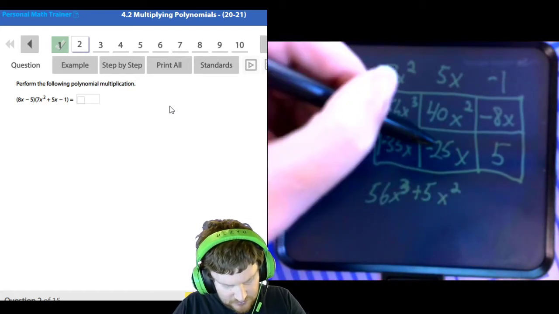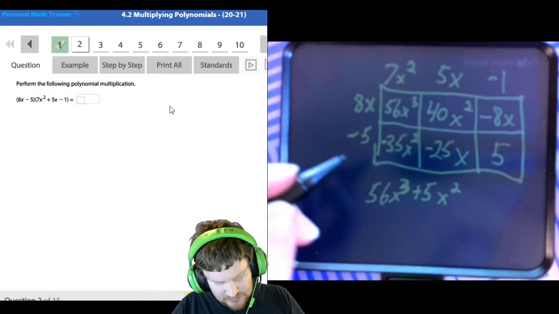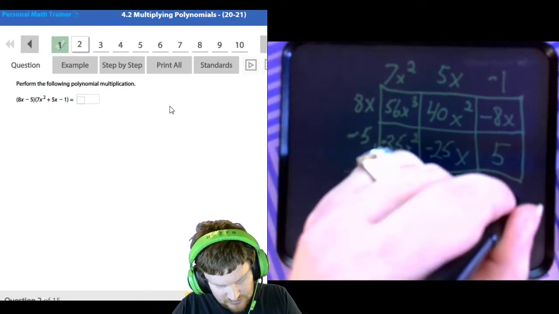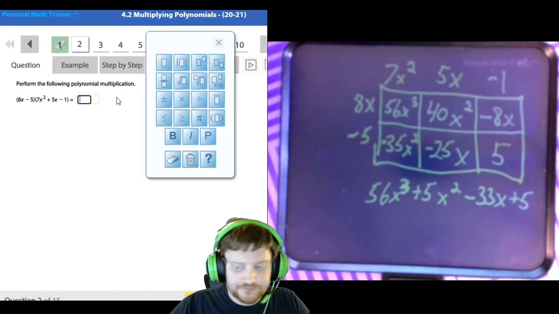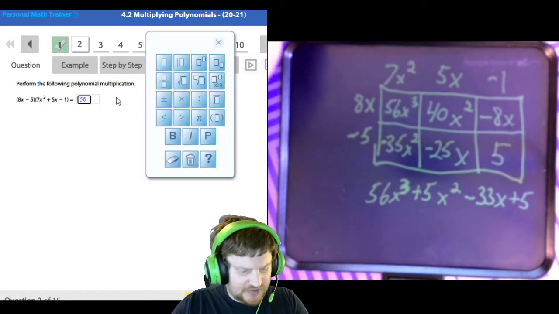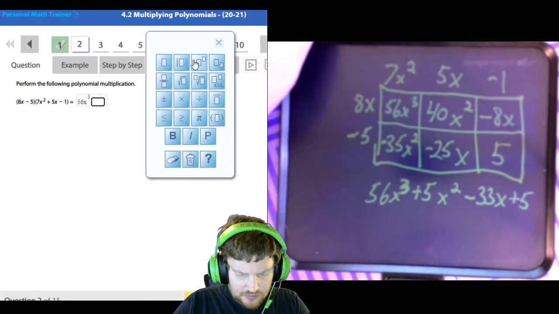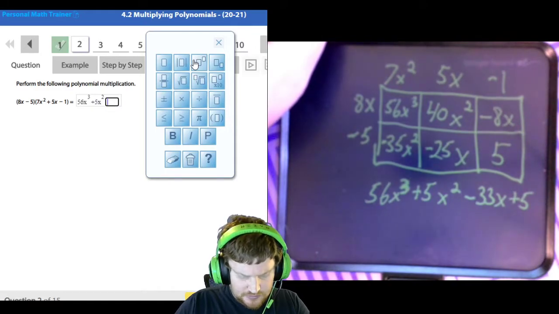Other diagonal, negative 25 and negative 8 is going to be negative 33. And then just tack on my plus 5 at the end. So 56x cubed plus 5x squared minus 33x plus 5.